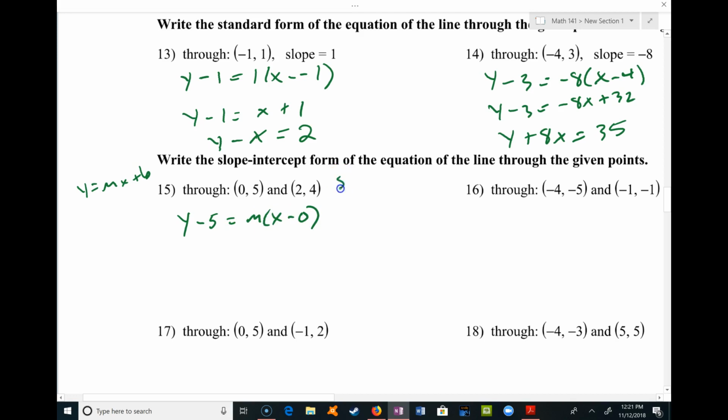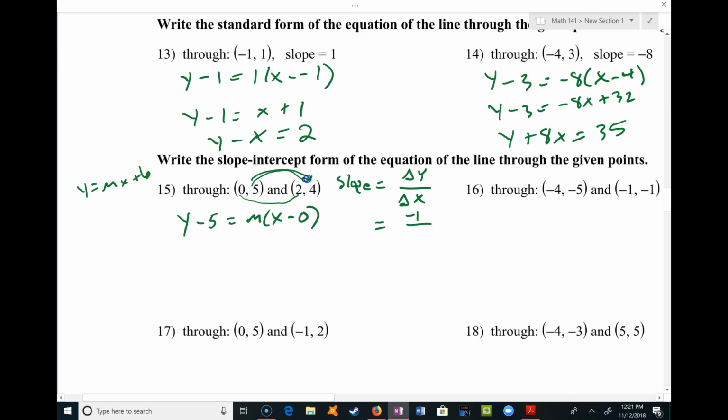But remember, slope is just the change in y, the difference in y's, over the change in x. And so if we just pick 2 points on the line, we can see that from this point to that point, the y changed, it went down 1, so I put a negative 1. And the x values went up 2, didn't they?